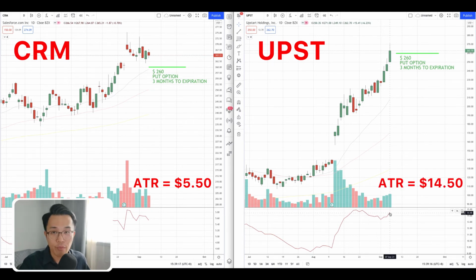So the average price movement for Upstart Holdings is 3 times that of CRM. So Upstart Holdings is a far more volatile stock than CRM, and this volatility is reflected in how the UPST options are far more expensive than the options for CRM.